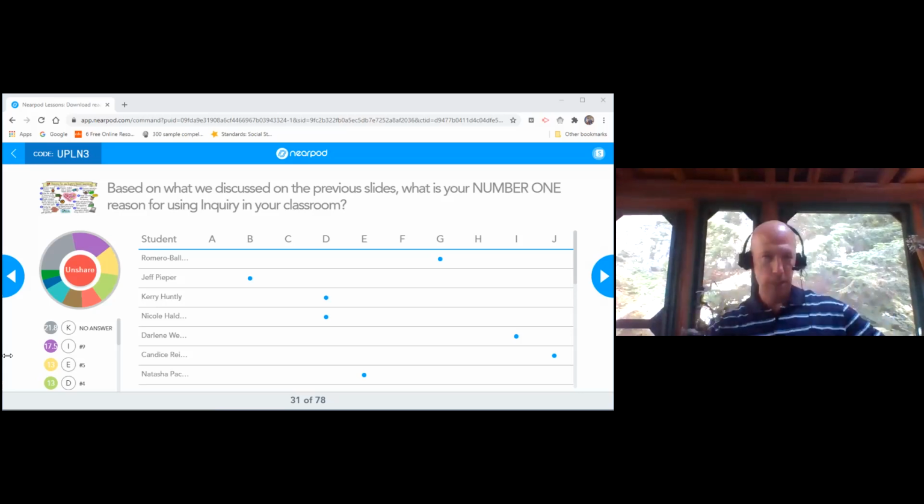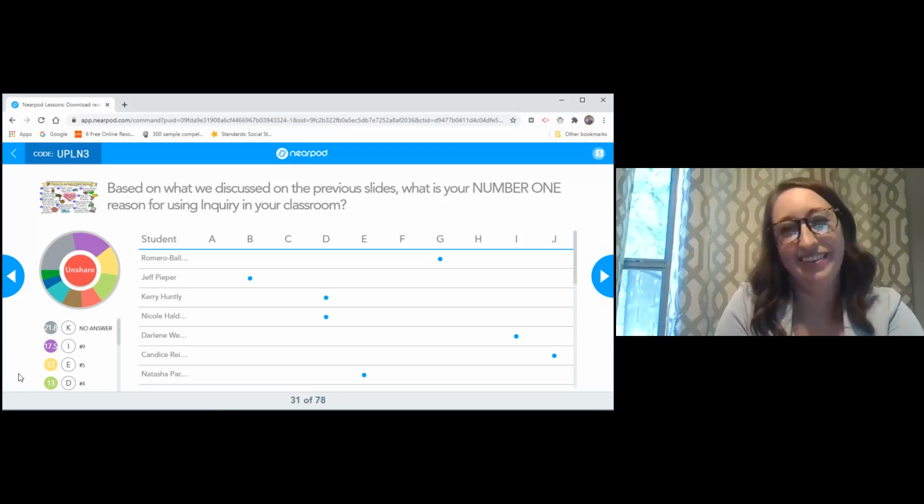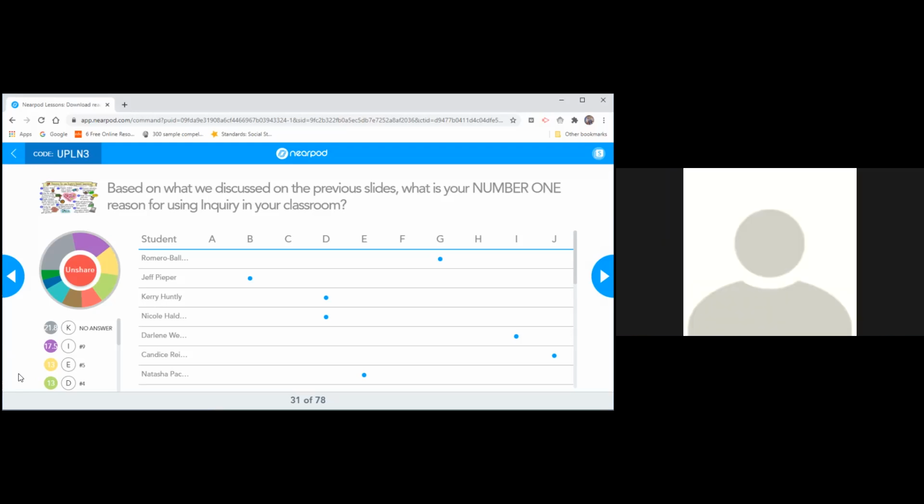So what's our number 1 there? This question is hard because you're asking us for our number 1, but if you've read the book like I have, they all are linked together. A leads into B, which leads to C. So when you're sitting there saying number 1, and I'm thinking like a student, we tell our kids don't think that way, and you're asking us to think that way. So there should be another question that says, do you have multiple answers?